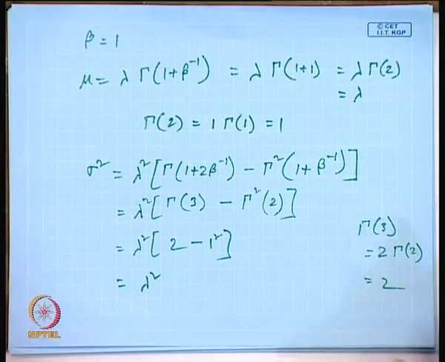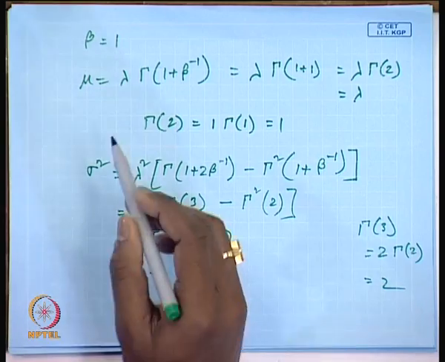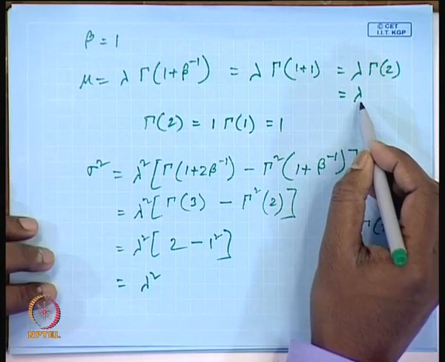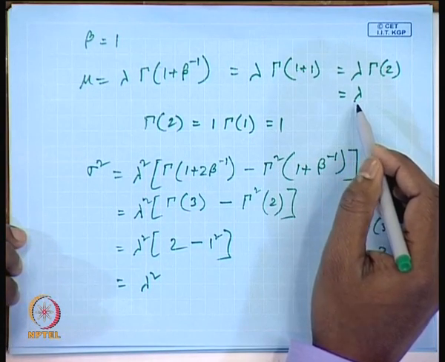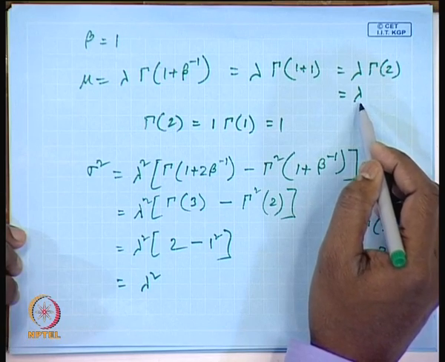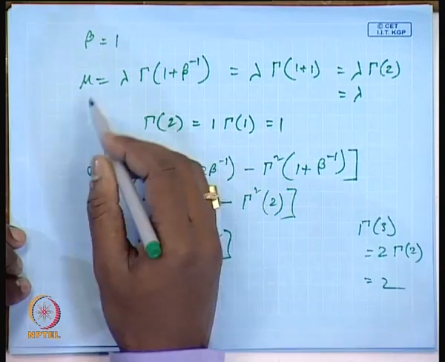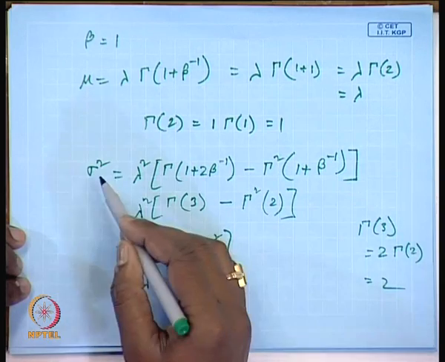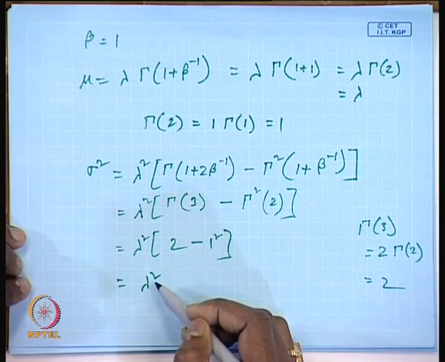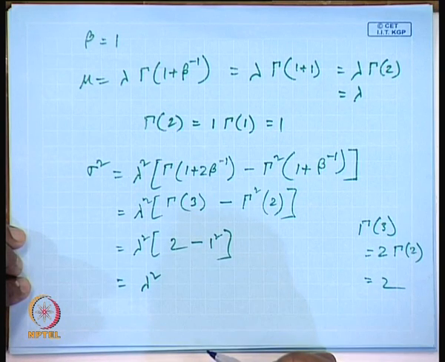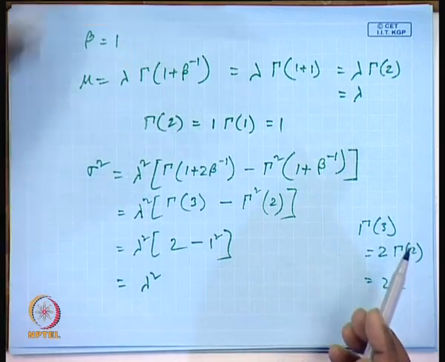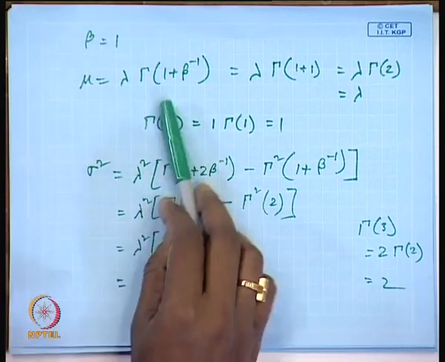Now, we see that for the exponential distribution, we got exactly the same value of these moments, at least the first two moments. For an exponential distribution, the mean equals lambda and the variance equals lambda square. So, if we put beta equals to 1, it seems that it is becoming an exponential distribution.